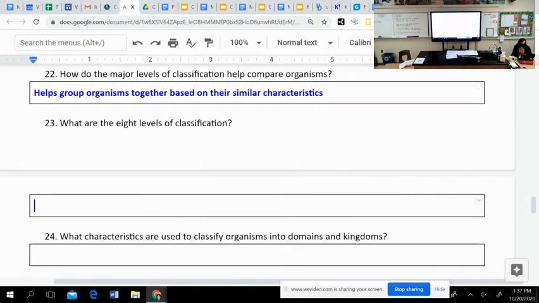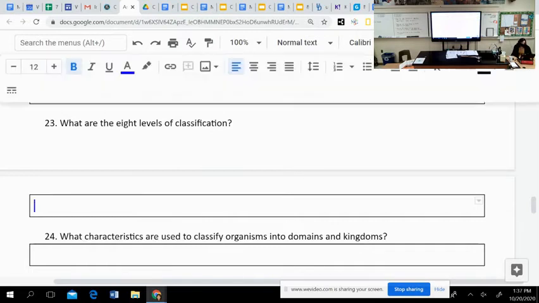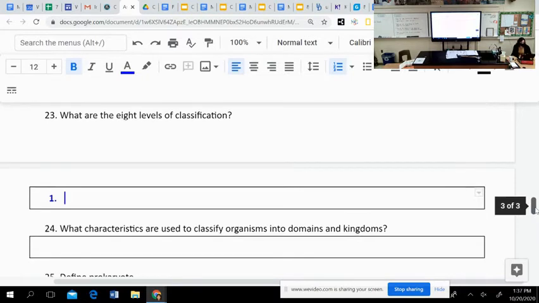Then question 23 is, what are the 8 levels of classification? What do we got? This is also something you want to know for the test. Give me the first one. Domain.